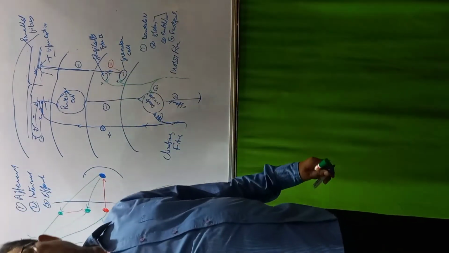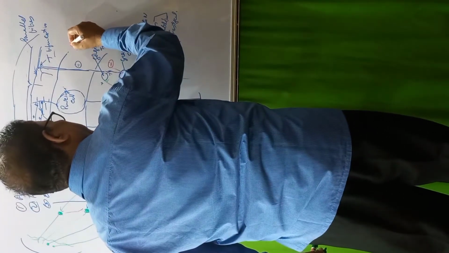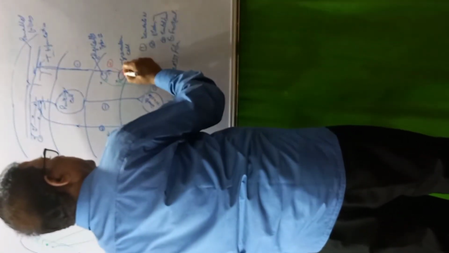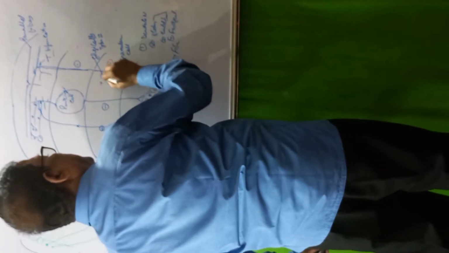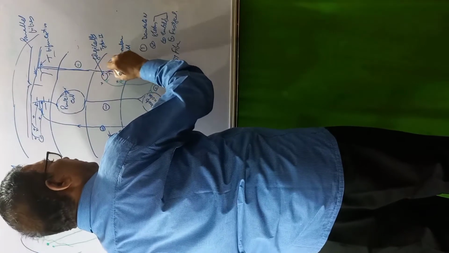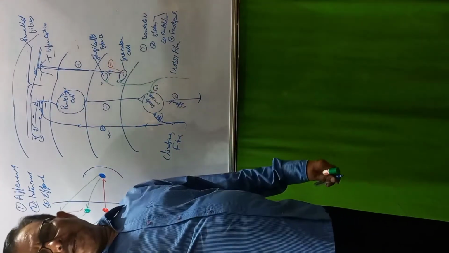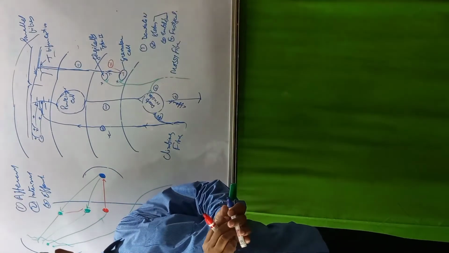This is known as a negative feedback loop. What is a negative feedback loop? The granular cell stimulates the Golgi cell, and in turn the Golgi cell, when stimulated, depresses or inhibits the granular cell. This is known as a negative feedback loop.